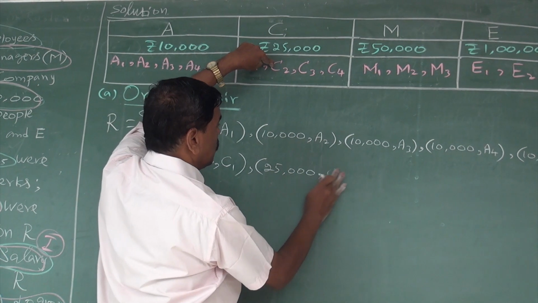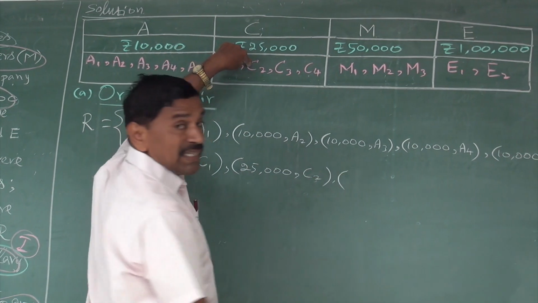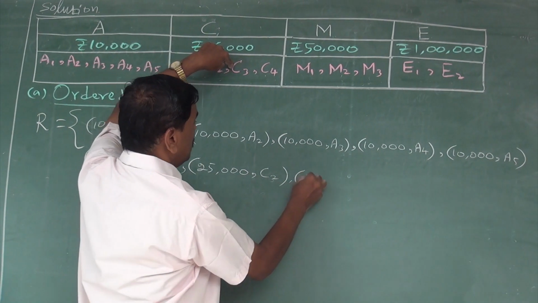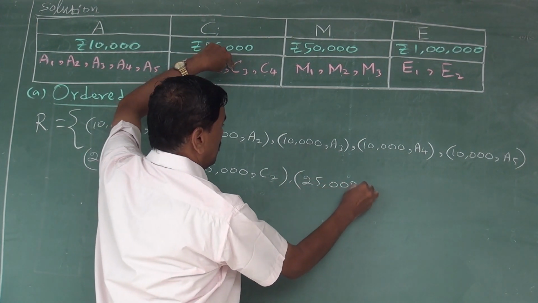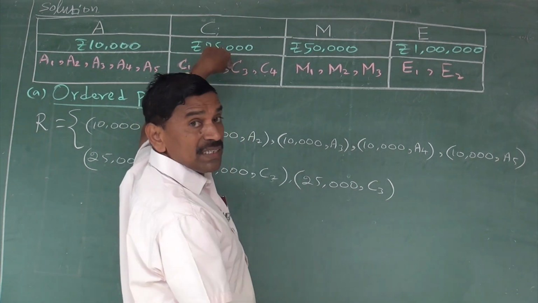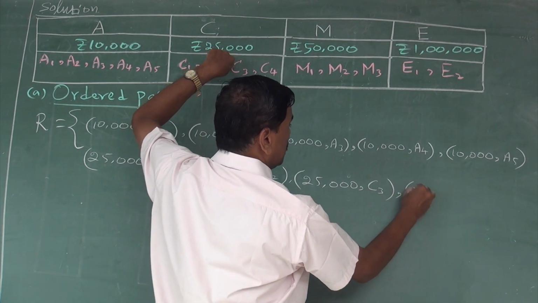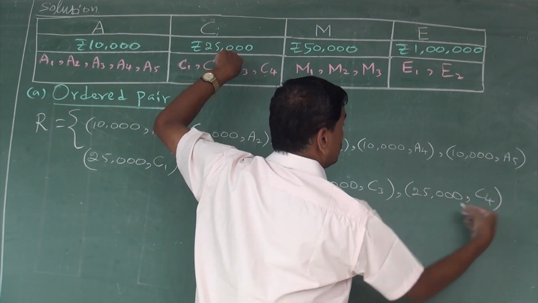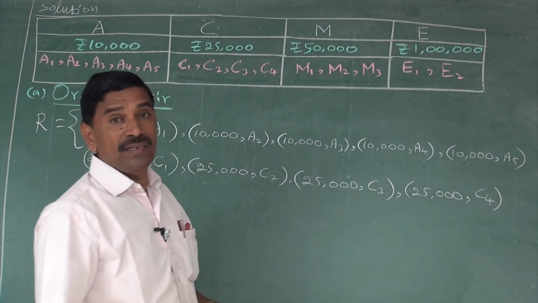Next ordered pair, please. Yes, 25,000 comma C3. Next, 25,000 comma C4.